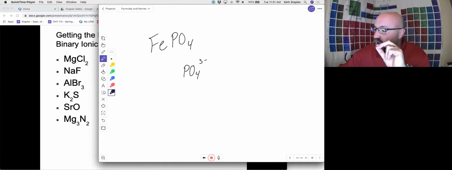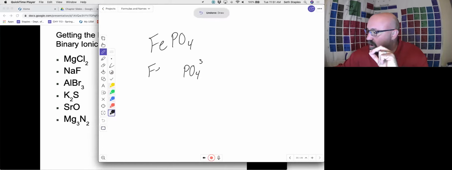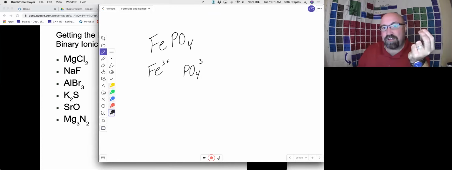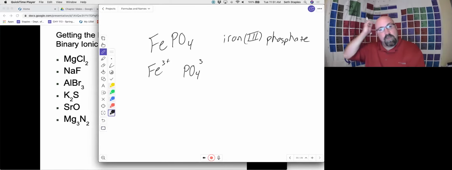That tells us that the charge on this iron in this compound has to be 3+. And so we come up with a name of iron 3 phosphate. So when you're naming compounds with transition metals, you may have to use other information in there to figure out the charge.